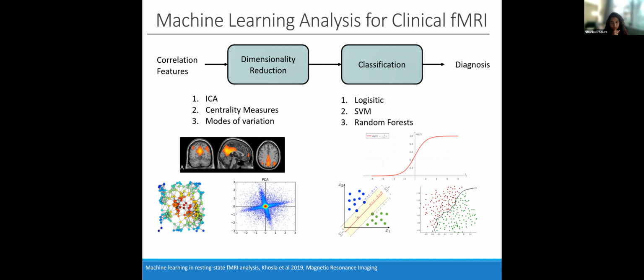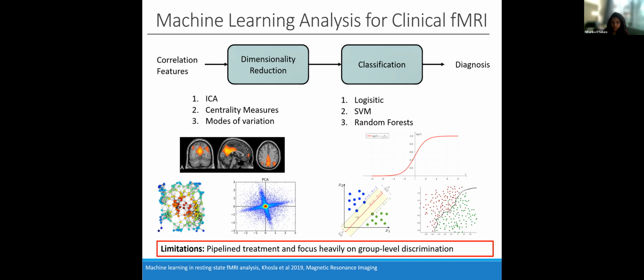Again, we could use a simple linear or a more complex nonlinear model. So while such frameworks have been widely used for this task, a major disadvantage is that these approaches are pipelined. Effectively what that means is that if our dimensionality reduction step is off, we cannot hope to get a meaningful representation for our downstream task.